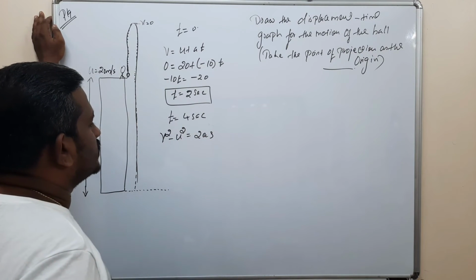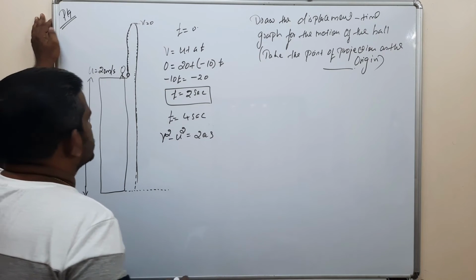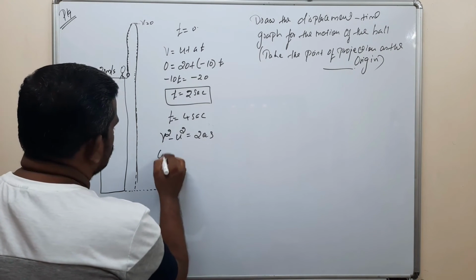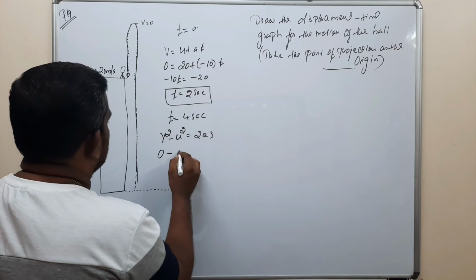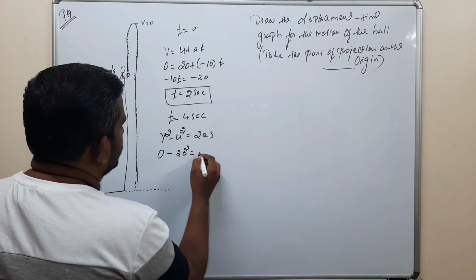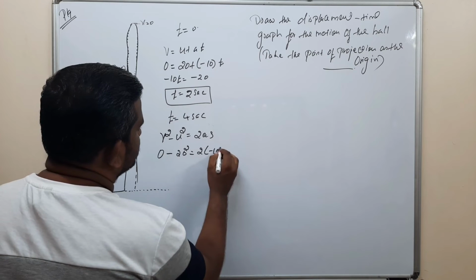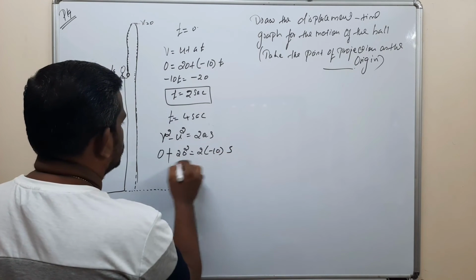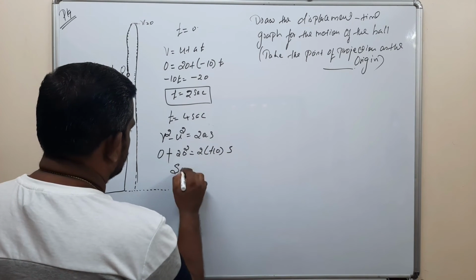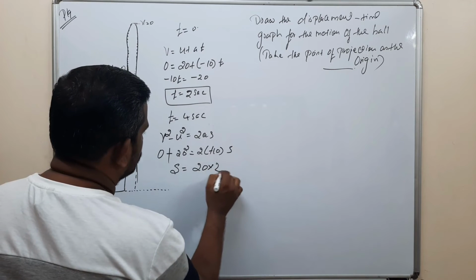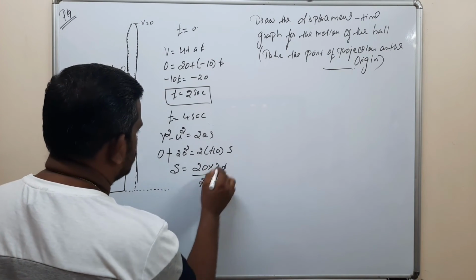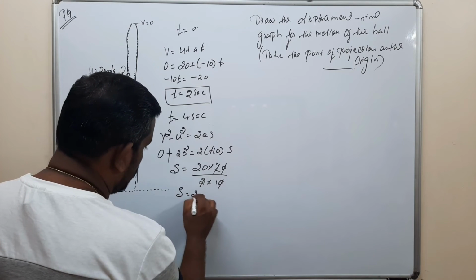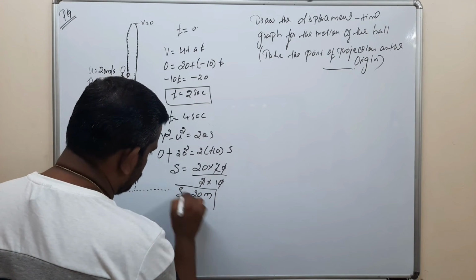At the topmost position the ball's velocity is 0, minus the initial velocity, that is 20 square, is equal to 2 into minus 10 into s, which we have to find out. The minus cancels. So s is equal to 20 into 20 divided by 2 into 10. The 2 cancels. So s is equal to 20 meters.